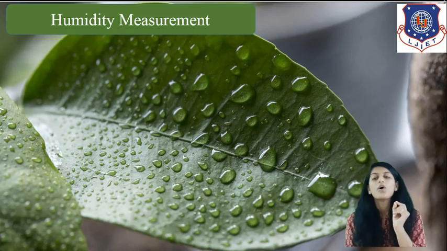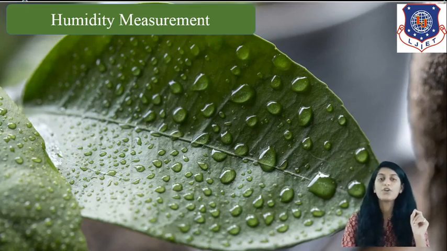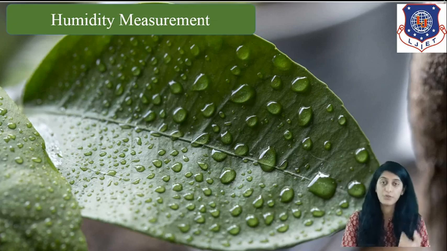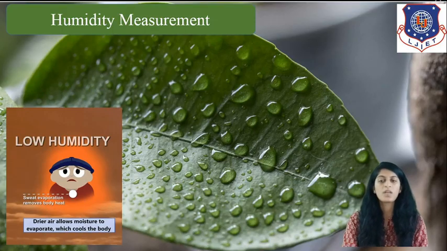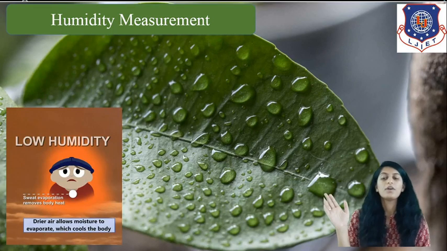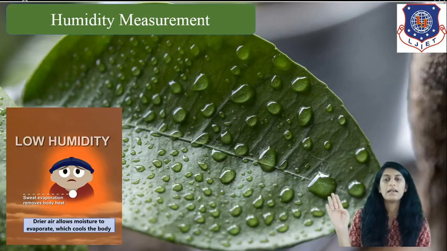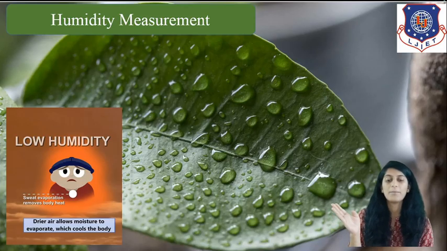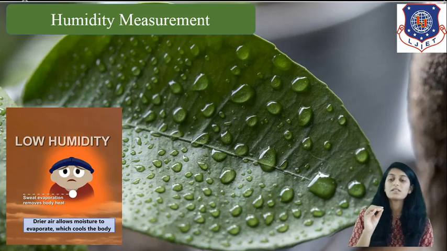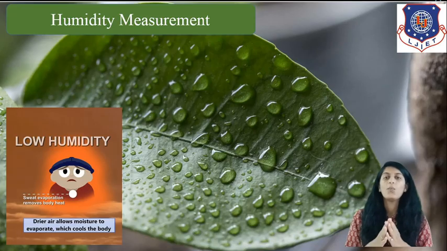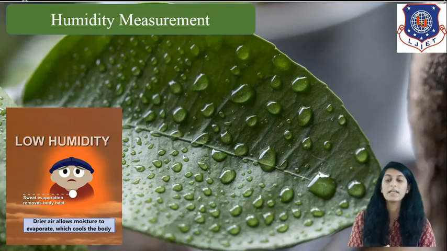Now, what is basically humidity and how does it affect us? Before starting the instrumentation portion, we must understand the basic concepts of humidity and how it actually affects our body. If you can see in this particular picture, if there is low humidity, what happens to our body?